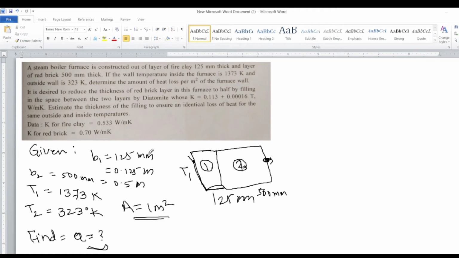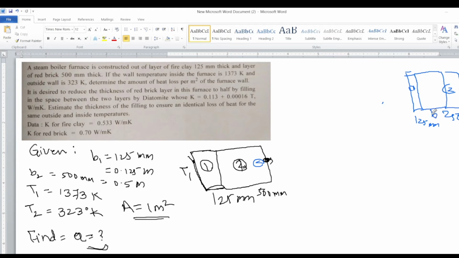Now they said that if it is desired to reduce the thickness of the red brick layer, the first layer will be as it is, of width 125 mm, and the second layer, that is red brick, will be half, meaning its initial width of 500 is now 250 mm, by filling the space between two layers with diatomite.